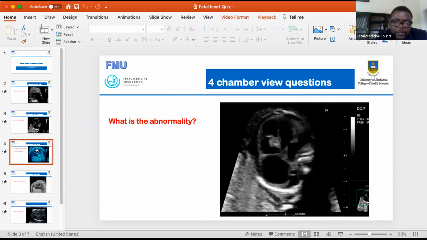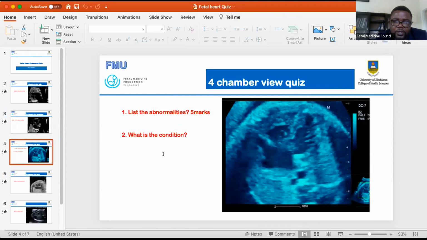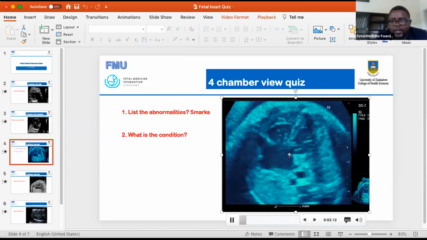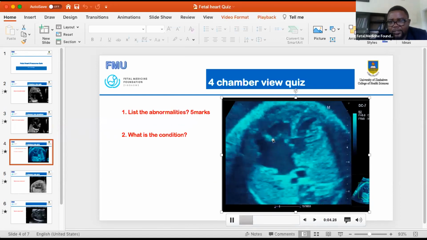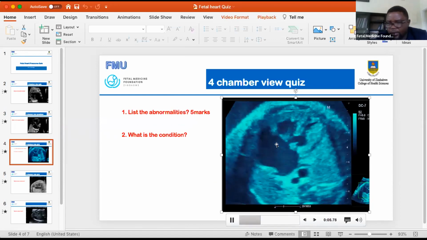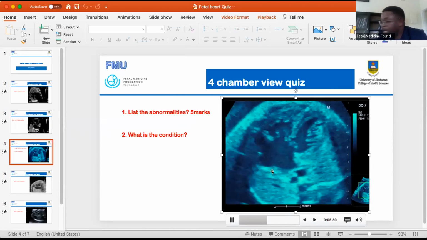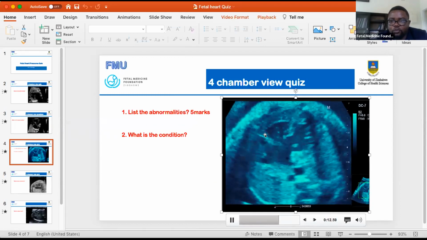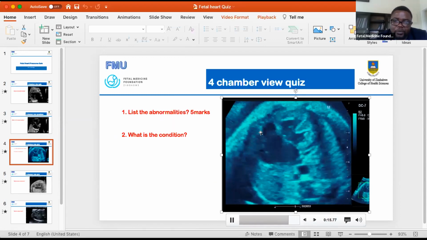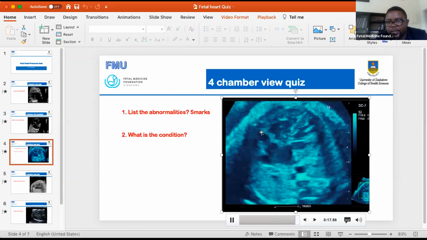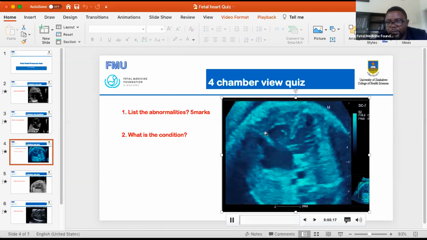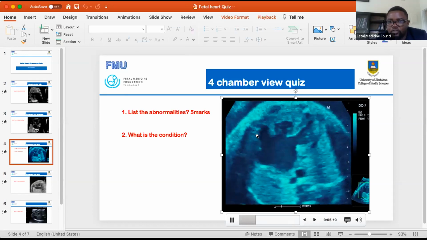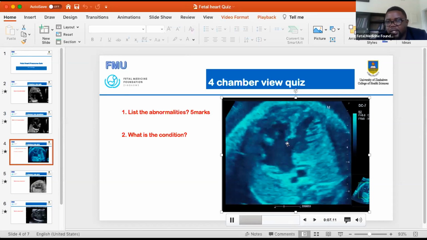The next one: list the abnormalities. There is an AVSD here. Then the atria look symmetrical. They don't look normal. So we thought there was a duplication of the left atria here, so that we had left isomerism, because they look symmetrical, they don't look morphologically left and right.